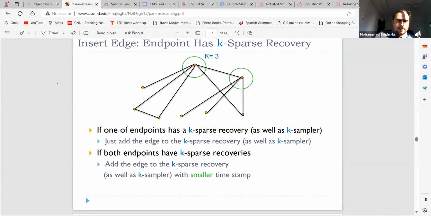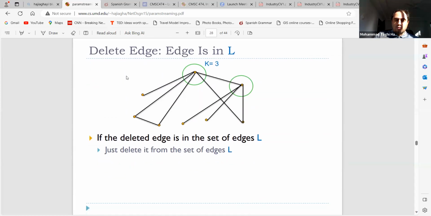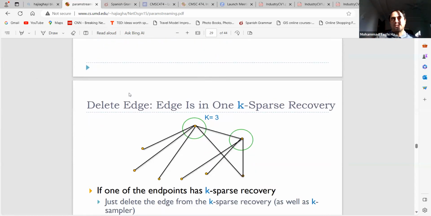Now, what about the deletion? If the edge that you want to delete is already present in L, then just delete this edge from L, and that's it. So L is some kind of residual set of edges, those edges that we have not handled yet.